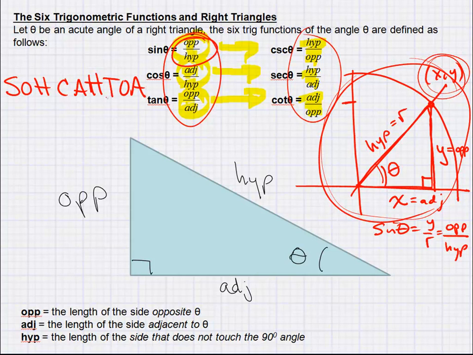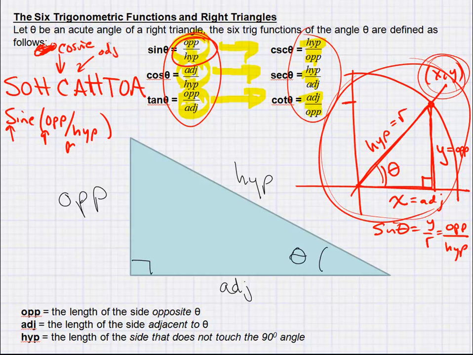So if you sound that out, Sohcahtoa. What it means is that sine is opposite over hypotenuse. That's the S, the O, and the H. Cosine is adjacent over hypotenuse.